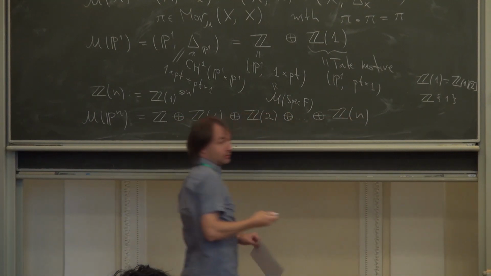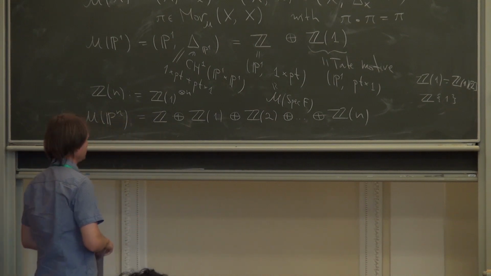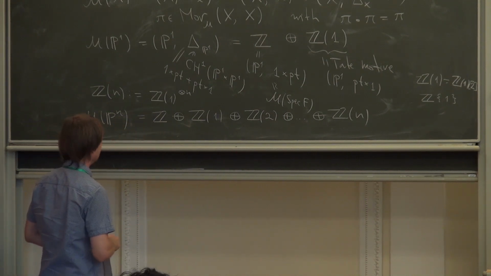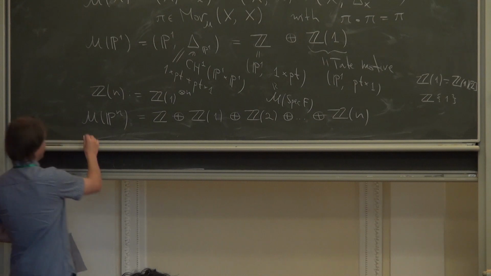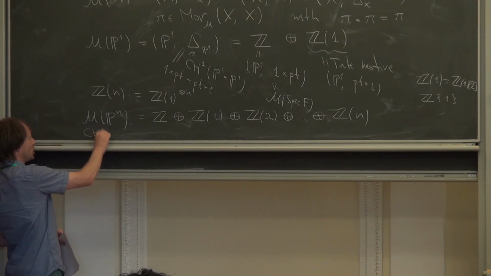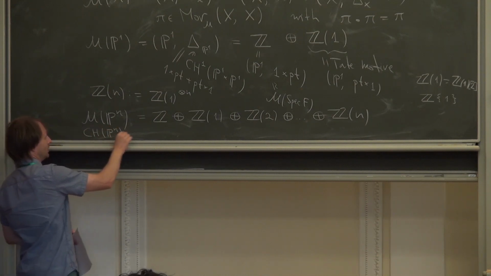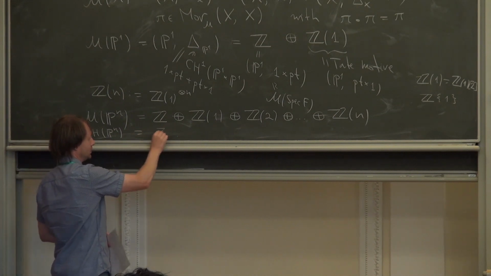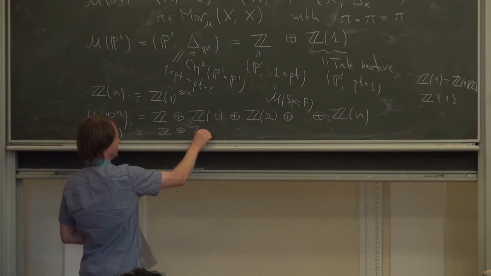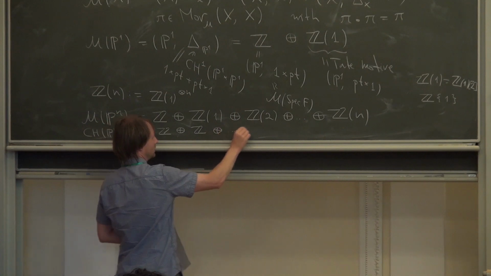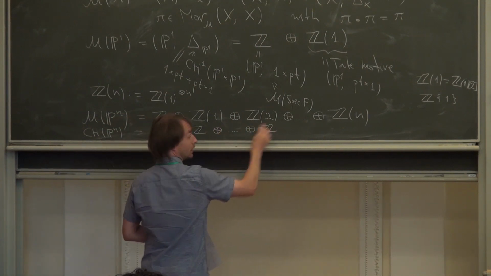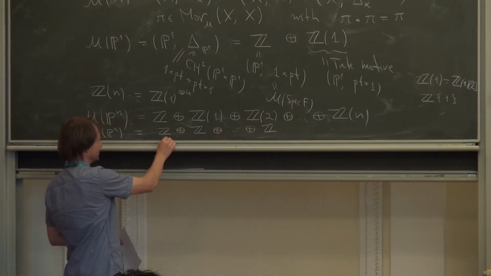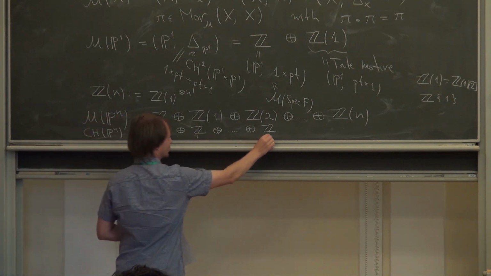In this way, it's another equivalent way to define Tate twists. Also note that the Chow group of Pn is the same: Z plus Z and so on, n plus 1 times, in degrees 0, 1, and so on up to n.